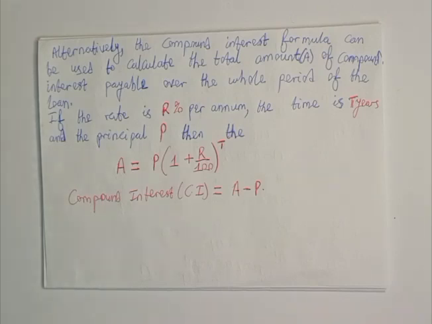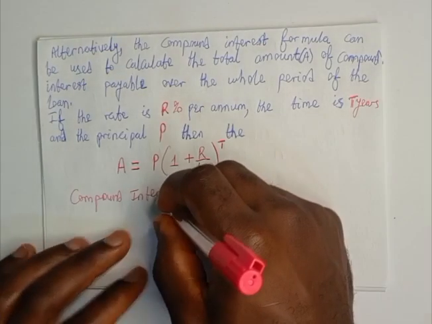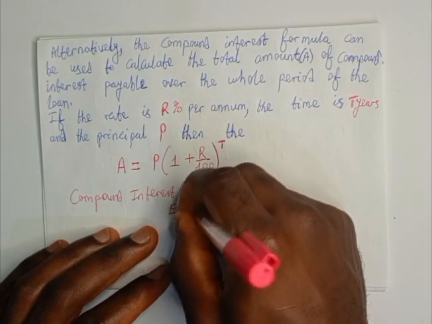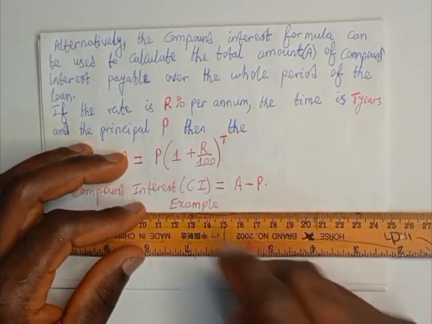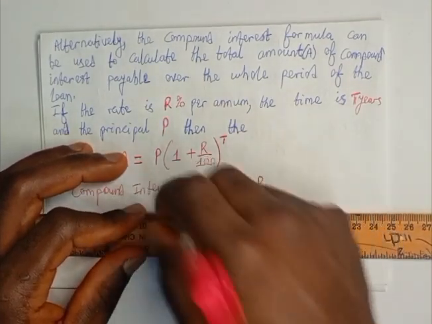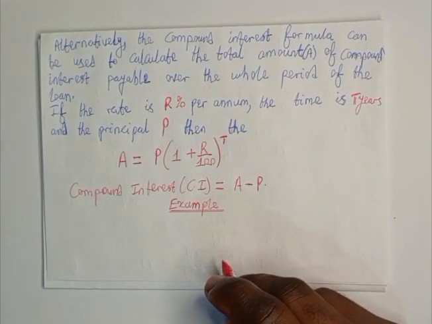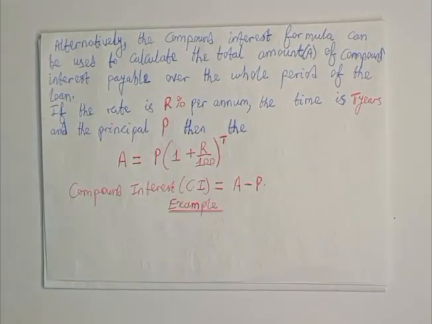Now let's look at some examples on how we can handle questions involving compound interest. Take this down. Example. We are going to see how to answer such questions with formula and not making use of the formula too.